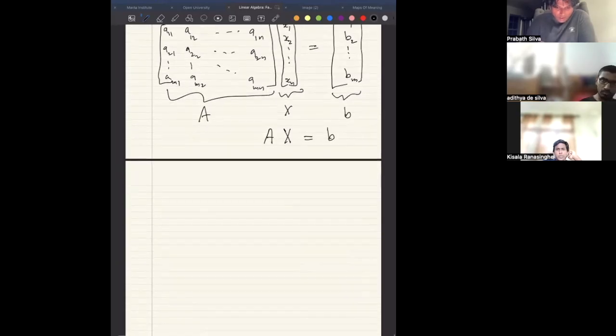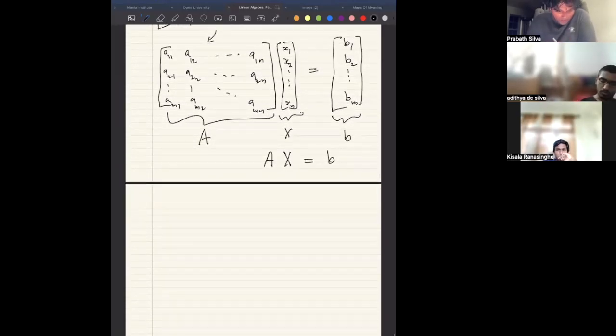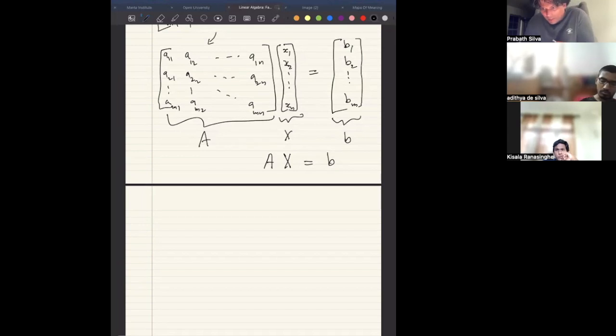Now let's look at the row operations. So matrix multiplication and row operations.